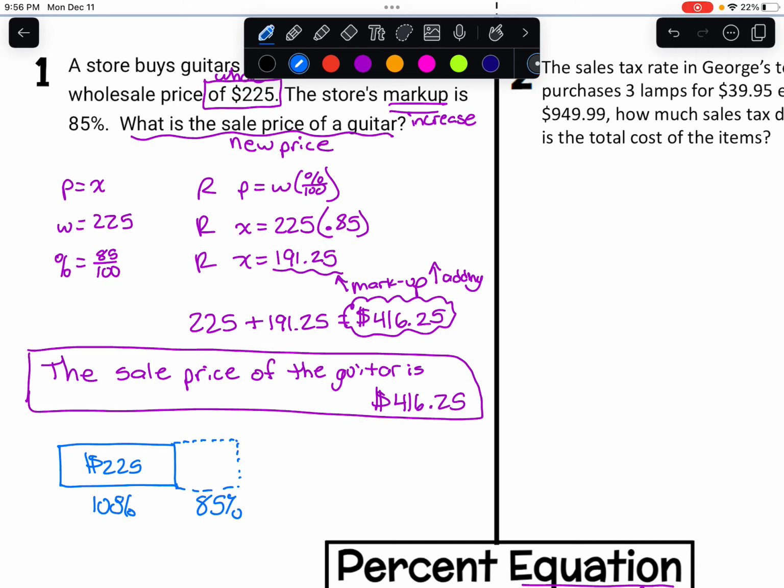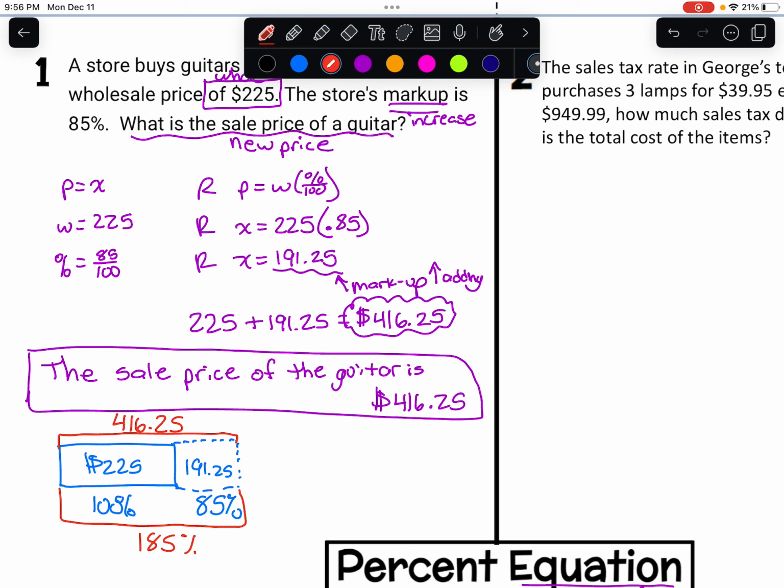And that gave us the 191.25. So now we have our two parts. We put them together to give us the 416.25. What if we put together our percents? What's our overall percent?